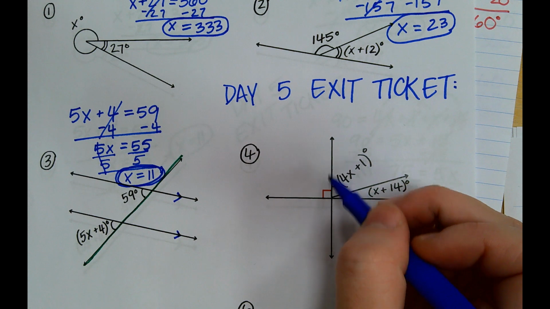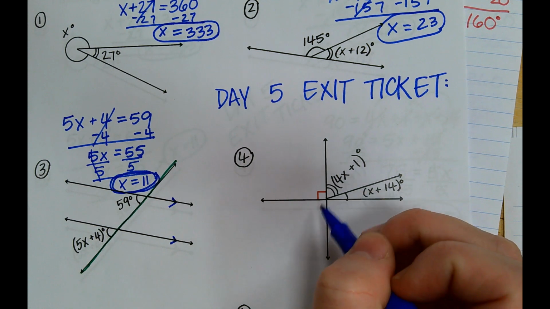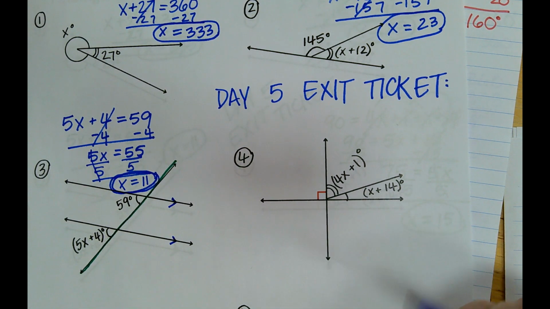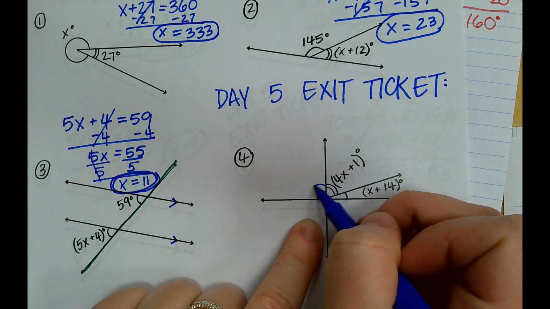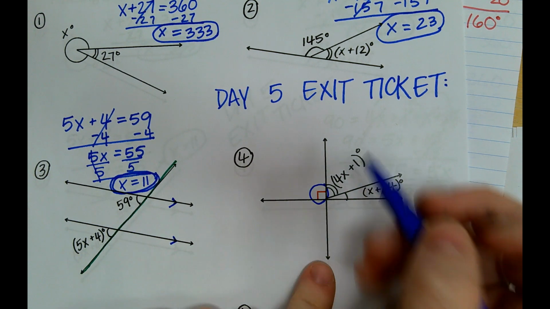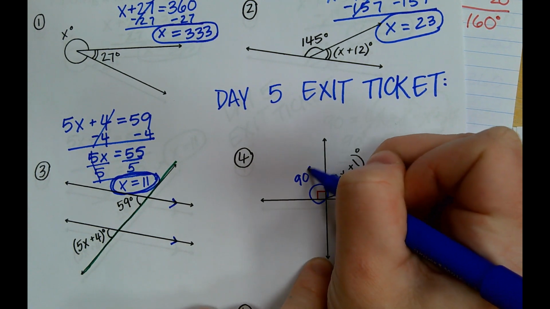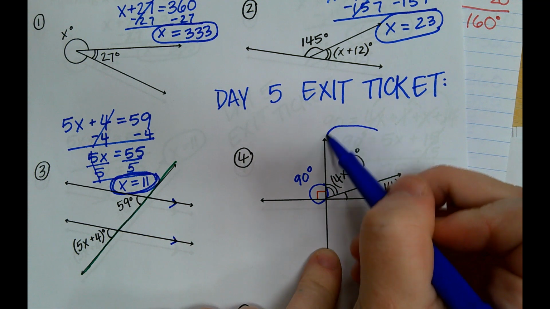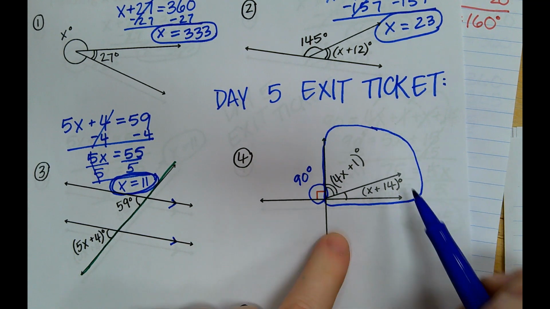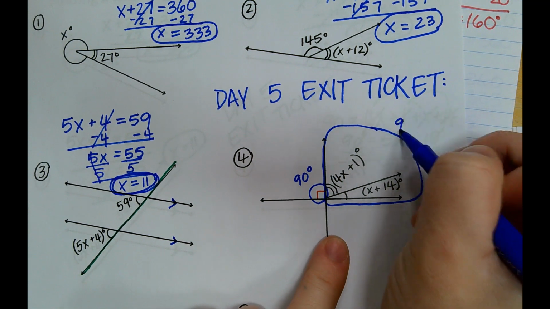They all have that same angle. How many degrees is that angle gonna be? 90 degrees. Good. We know that because there's this box here that tells us that it's 90 degrees. So that means these angles also add up to 90 degrees.